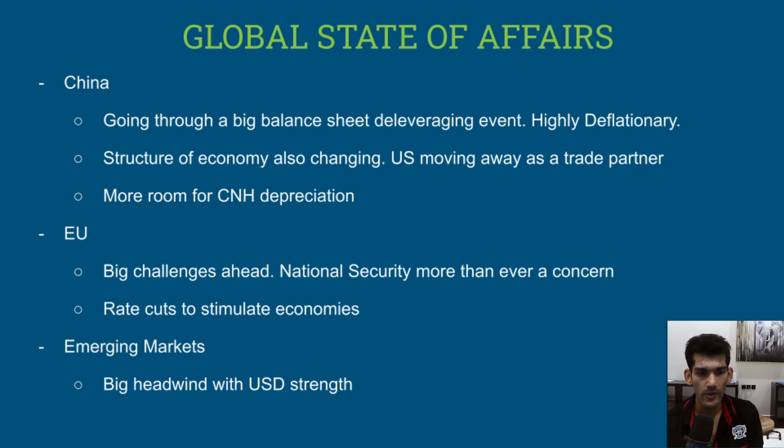Again, we don't know where the USD is going to go next. If it's going to strengthen more, I think emerging markets will find themselves in a very difficult place. And I'm pretty sure we'll have a few crises in Asia, in Africa, lots of other places where there's a high reliance on USD debt or just USD flowing through the economy.